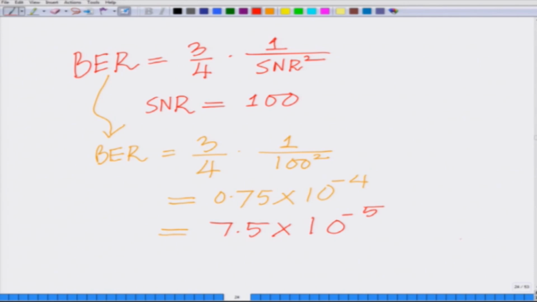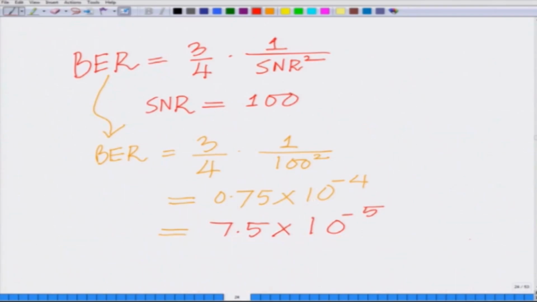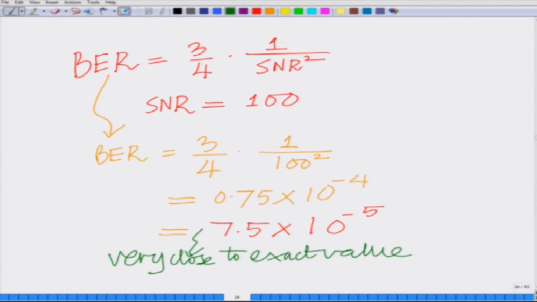So, we have calculated the approximate bit error rate for L equal to 2 antennas in this system at SNR equal to 20 dB, and we have found that the approximate bit error rate is 7.5 times 10 to the power of minus 5. This is very close to the exact value that we had derived previously.